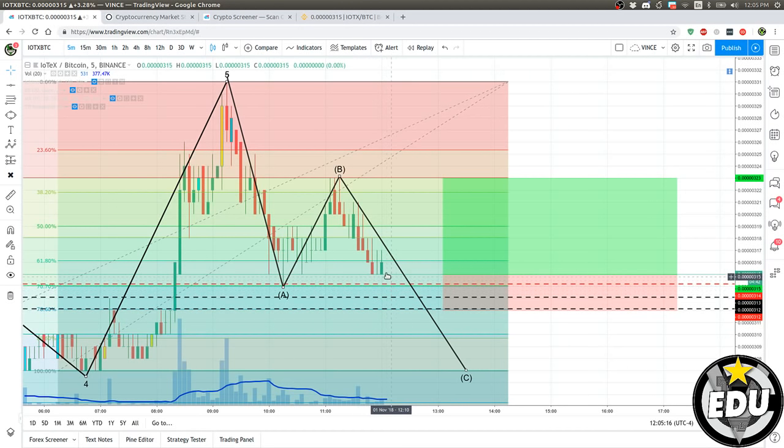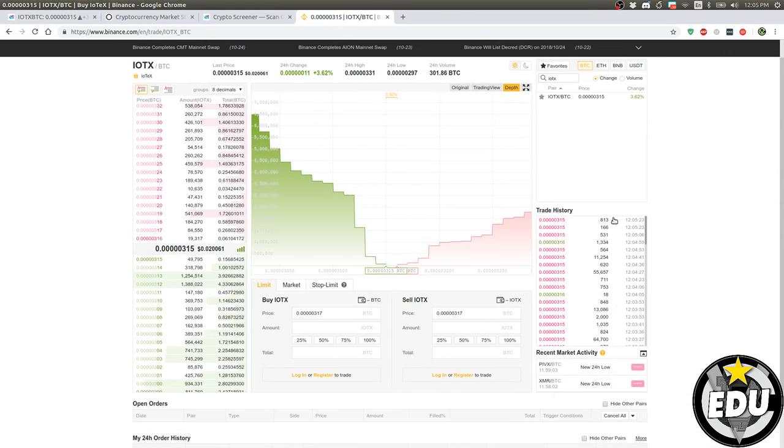The other thing I should point out is looking at the actual trade history on the right-hand side of the Binance chart. So if you can go back to that. You've just seen a 317 and a 316 pop up and move the price up.